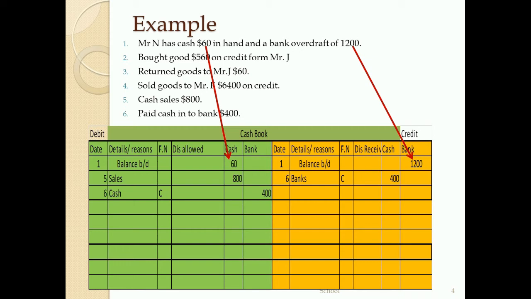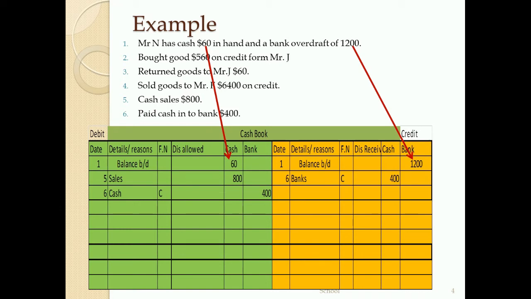This transaction shows that when you start this month, you had 60 in your pocket, 60 in your office, and 1200 you have overdrawn from your bank, so your liability is appearing over here.